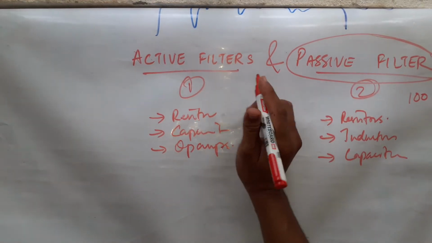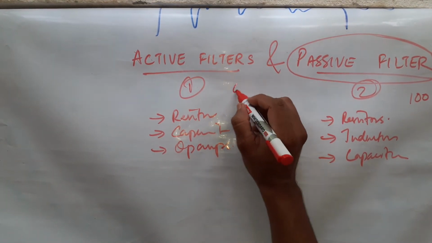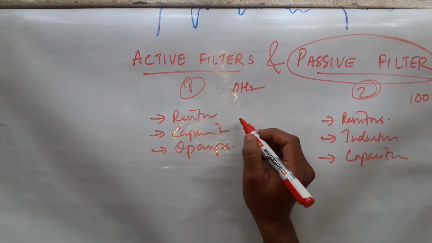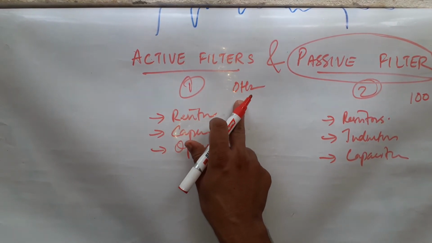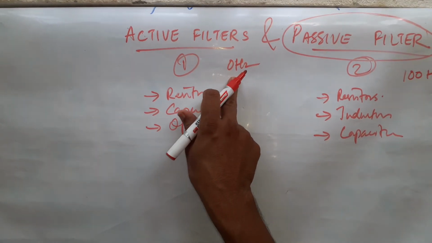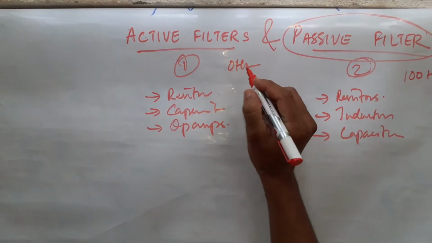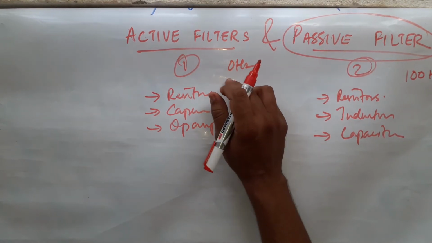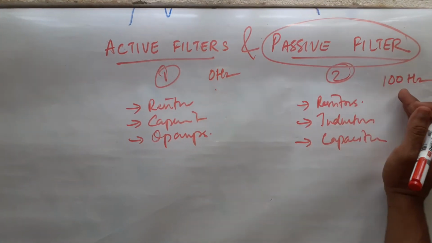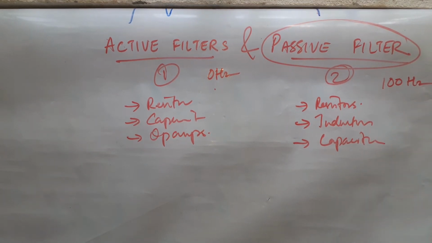Whereas active filters can be used at very low frequencies, up to 0 Hertz also. The limitation of active filters is that we don't use them for very high frequencies. For very high frequency filtration we go for passive filters.